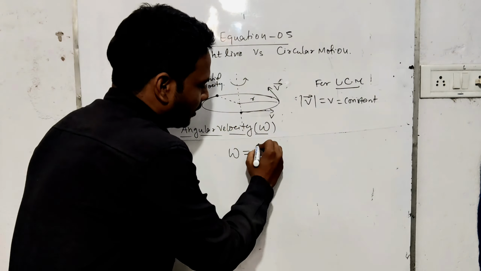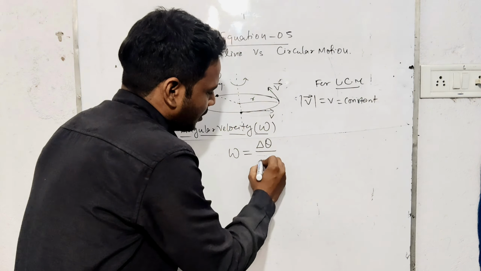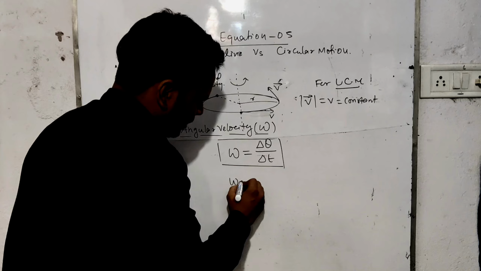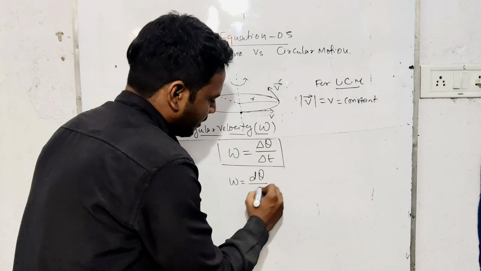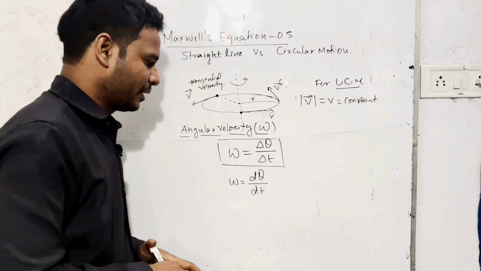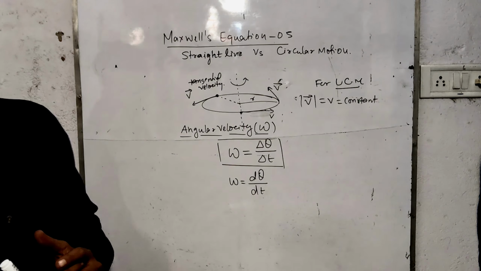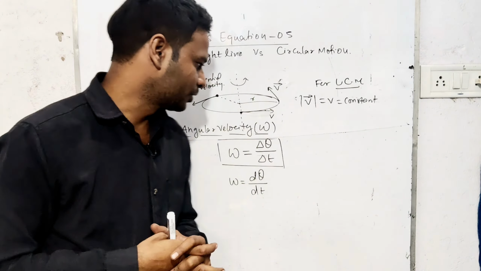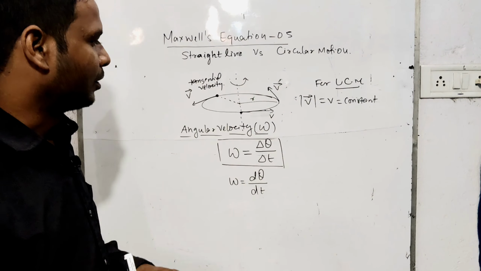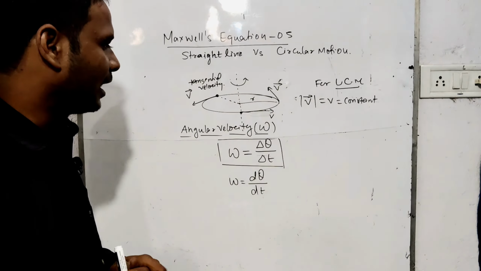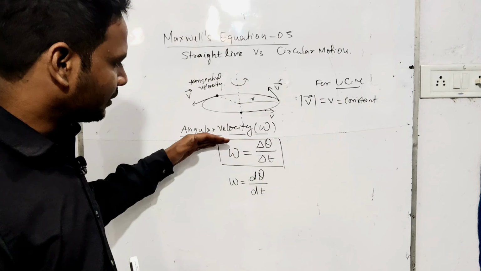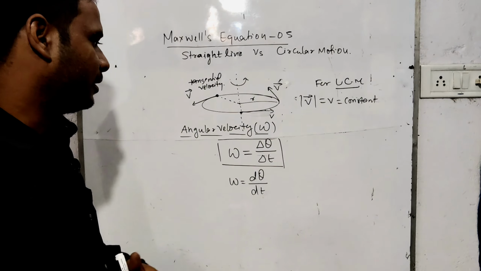It is equal to the angle traced upon the time it takes, or in differential form, d theta by dt. So the displacement is replaced by the angle, and this velocity is now called angular velocity. Obviously, this is also a scalar quantity because angle does not have any direction unless you define one. So we can write the equations of kinematics in terms of this letter.